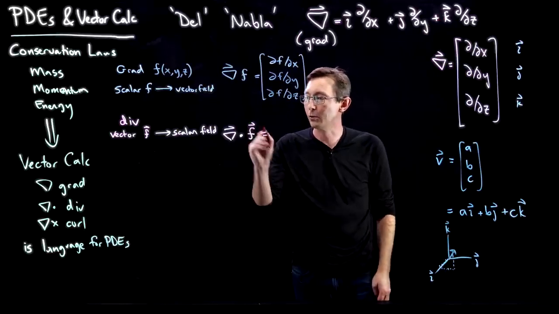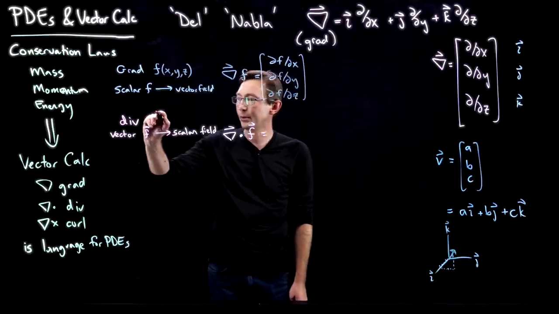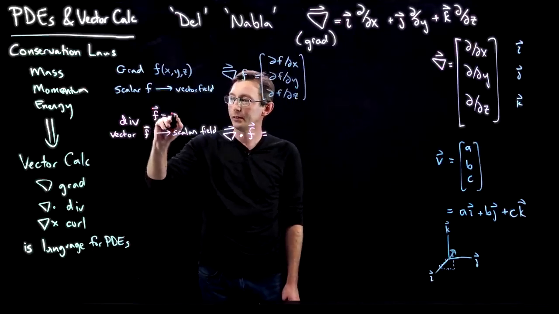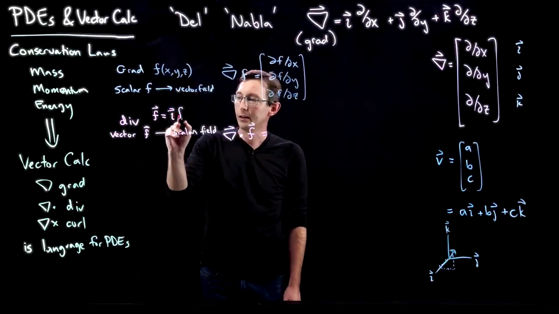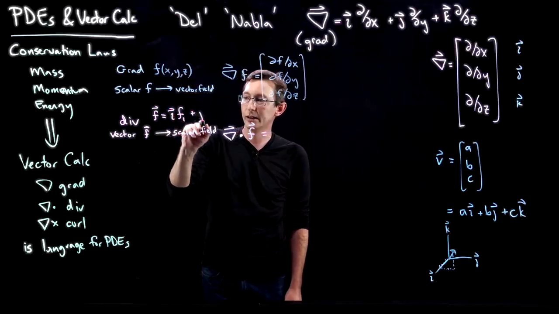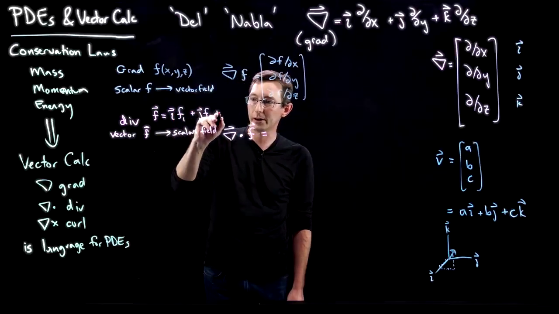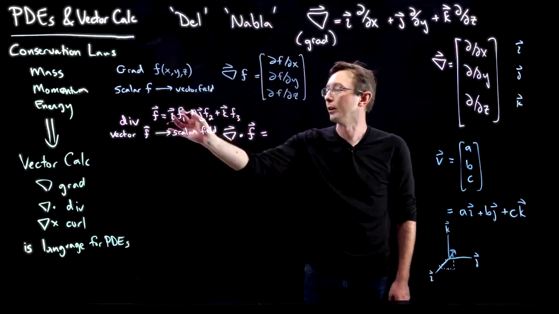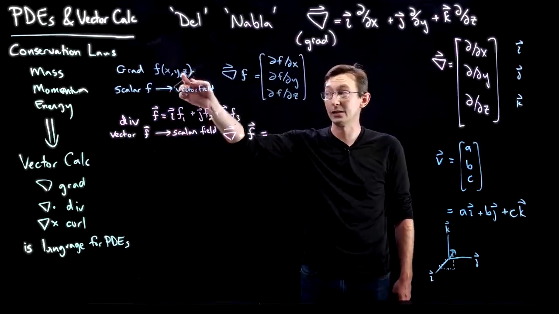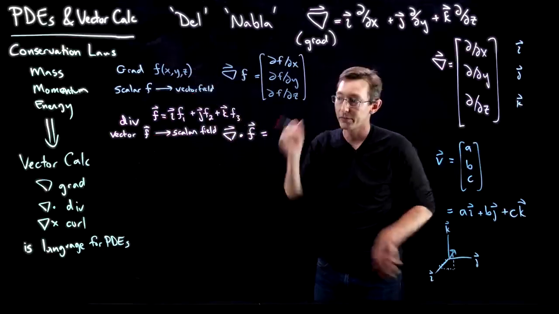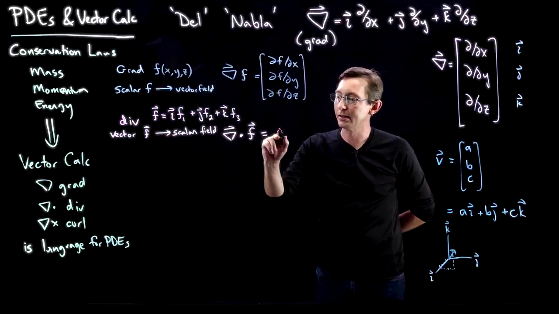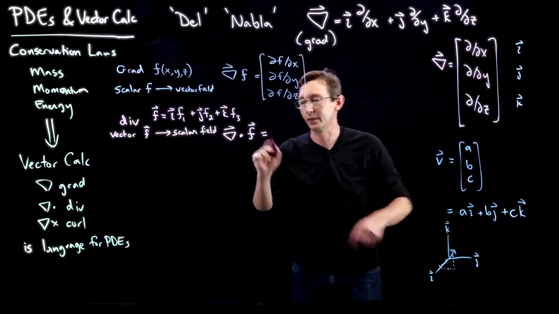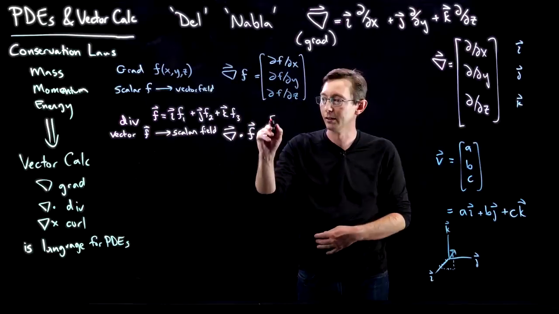So this would equal, maybe I'll write it up here. So vector f is literally f1 in the i direction plus f2 in the j direction plus f3 in the k direction, where each of these f's is a function of x, y, and z in 3 dimensions. Then this divergence is going to be, okay, I'll write it out because it's going to get ugly.